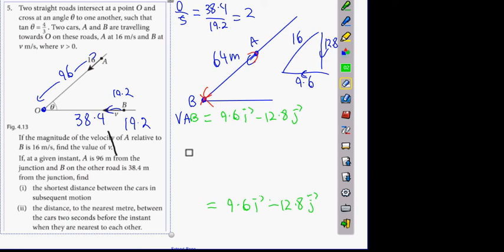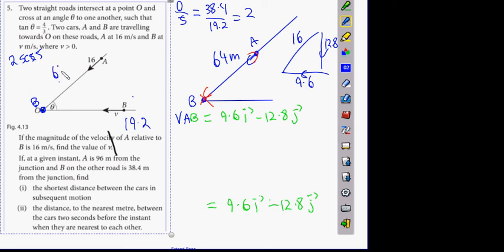And relative to B, what this changes to is this. B is now held stationary here. 2 seconds into the future, B is now stuck to the spot. A is coming towards it.